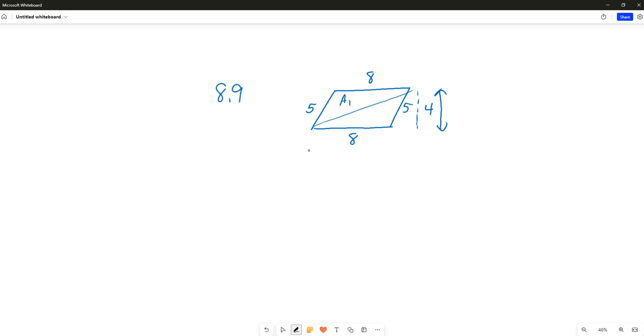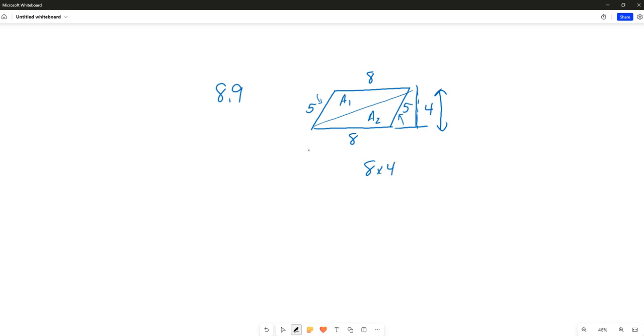We have the area of the first one and the area of the second one. We know that the height is 4, and the base is 8 for each of these, because this 5 is not the height. The perpendicular height would have you draw a line down here. So that height is 4.